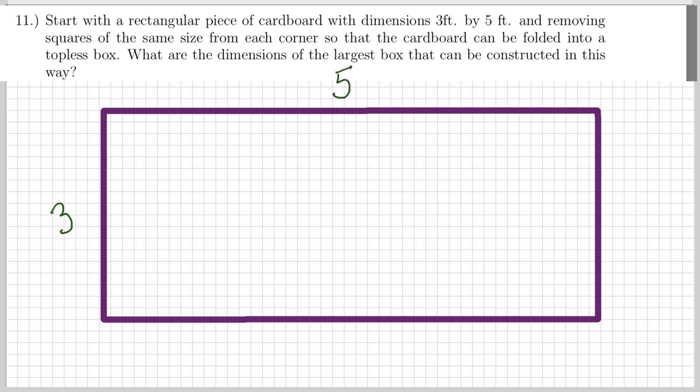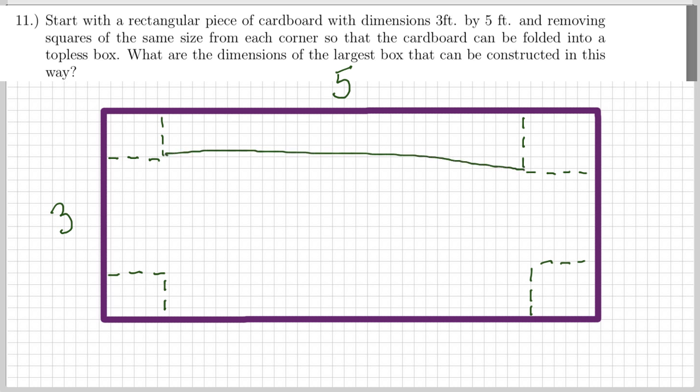Okay, I'm going to remove squares from the corners, so that once I take those out, I can bend along these lines, and I'll get a box, right?